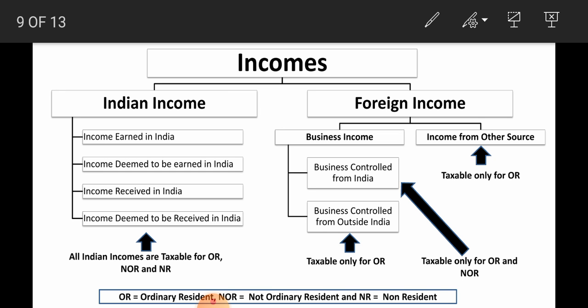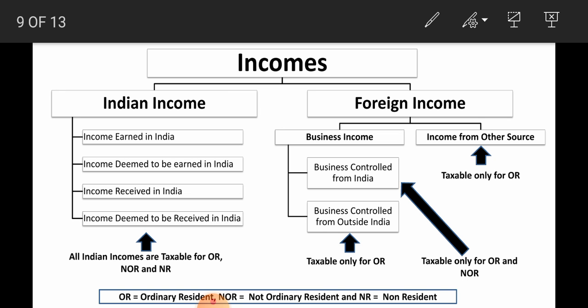And income from other sources, like other than business income, if there is any income left which is in the nature of foreign income, it means the source of income does not belong to India. In that case, tax will be paid only by the ordinarily resident. Clear? Three points are very clear.